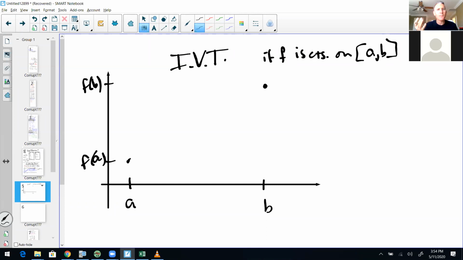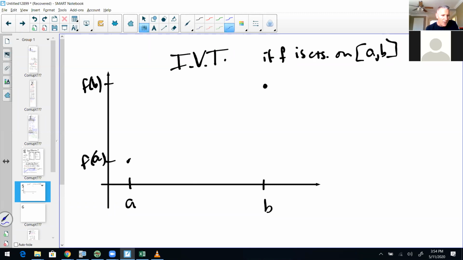Here I happen to have f of b greater than f of a, but f of b could have been the smaller value. It doesn't matter, and it doesn't have to be in the first quadrant like I have here, but I'm just doing that for simplicity's sake. So here's what this says.